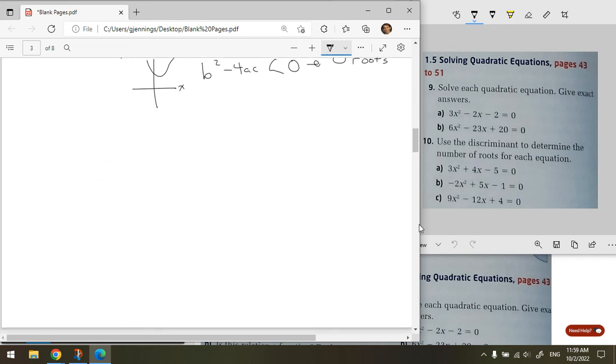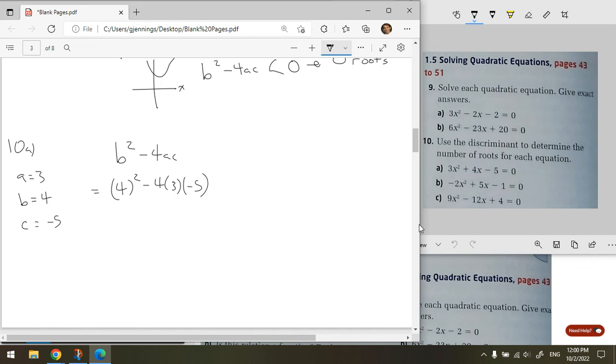So let's go. 10a. I'm not going to copy out the whole quadratic. I'm just going to say a is equal to 3, b is equal to 4, and c is equal to negative 5. This one's going to have two solutions. I'll show you why. We're just going to use b squared minus 4ac. So b squared is 4 squared minus 4 times 3 times negative 5.